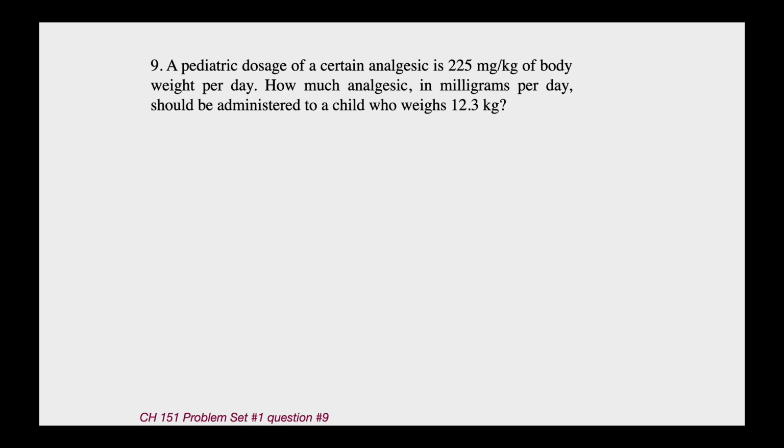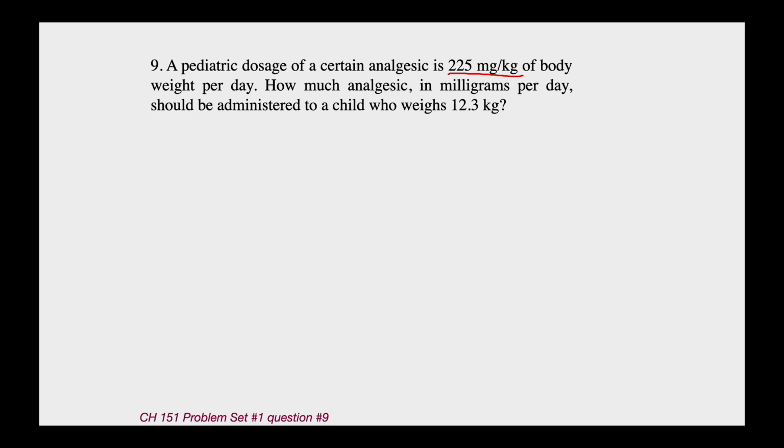And this is classic dimensional analysis. We've got a unit, 12.3 kilograms. We want to know how many milligrams of the drug we need to go through. So the starting unit, 12.3 kilograms, and this part, 225 milligrams per kilogram, that's our conversion to go from kilograms to the milligrams. And it's not a hard problem, all right? It really isn't.